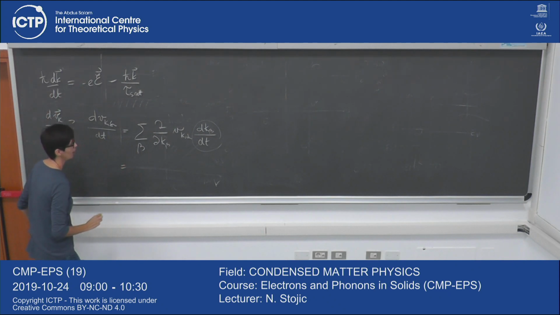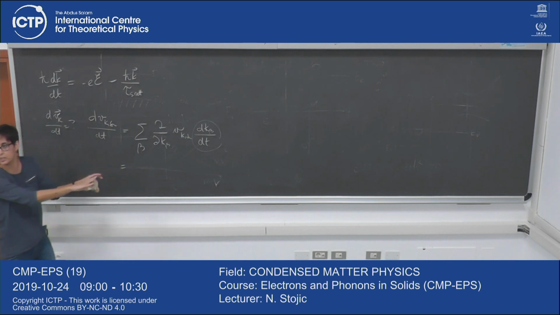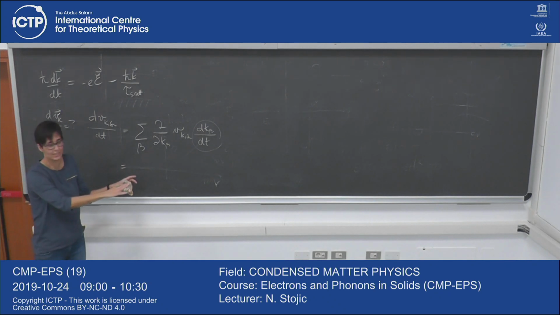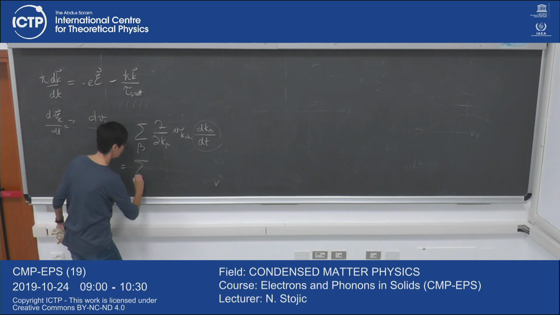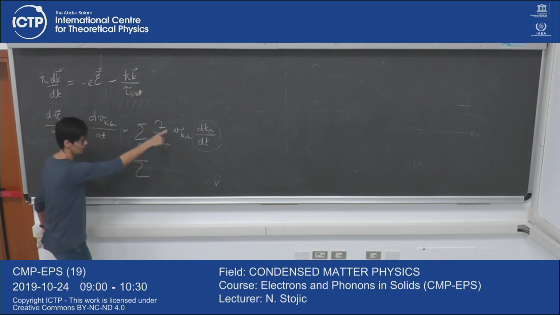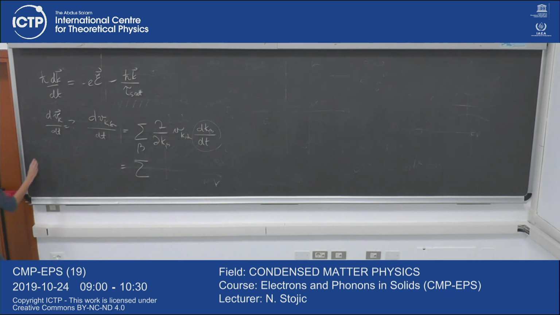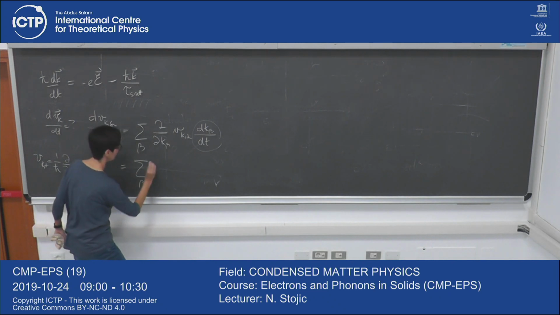This is just a weird way of putting it, but I think you see it's okay. And then I can write the velocity, the alpha component, as 1 over h-bar times the derivative with respect to k alpha of the energy. Energy is in total. This is beta.